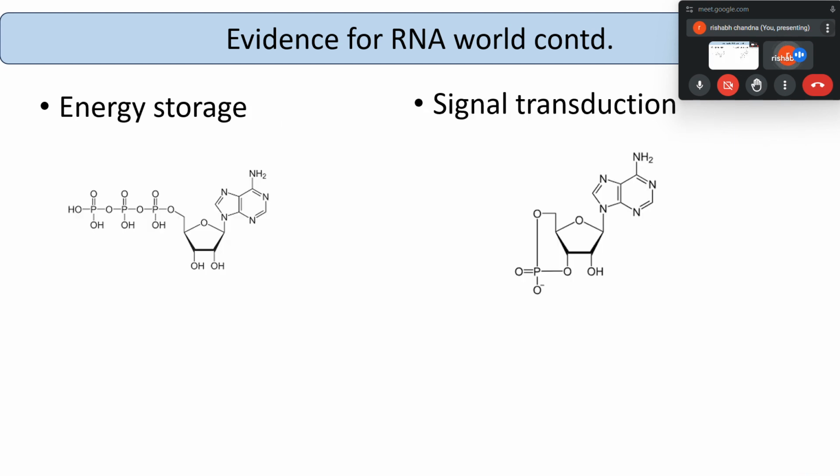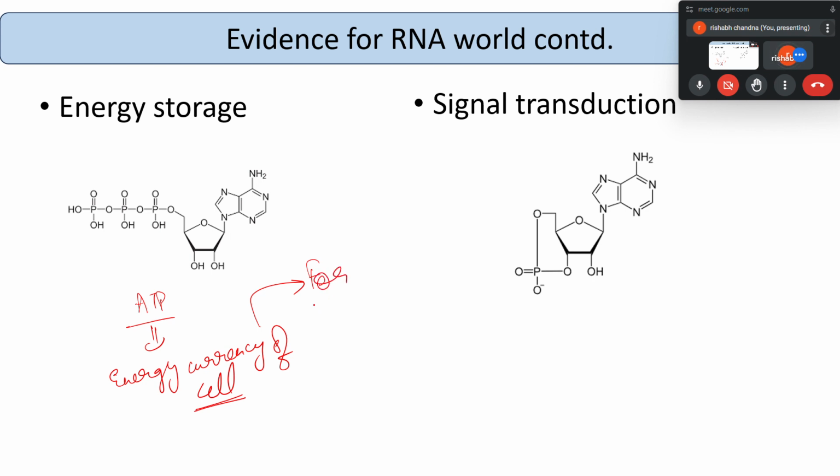Okay, now we have energy storage and signal transduction. For energy storage we have ATP, which is the major energy currency of the cell. For energy transduction, ATP is the main molecule.